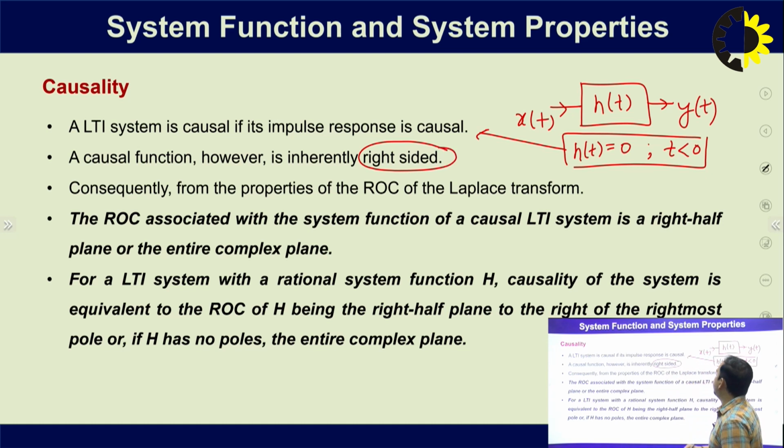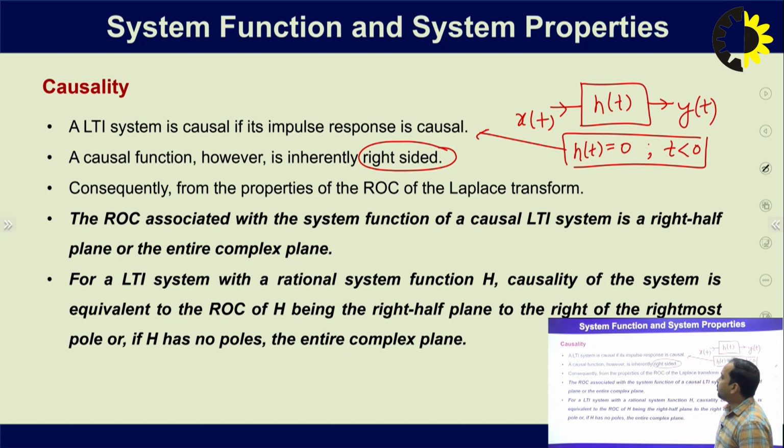That means if h of t is 0 for all t less than 0, then h of t is right-sided. If the impulse response of a system is right-sided, the ROC has to be right-sided as per the property of ROC. We have seen that if x of t is right-sided, then the ROC is to the right of the rightmost pole but does not contain any pole. We are going to utilize the same knowledge here.